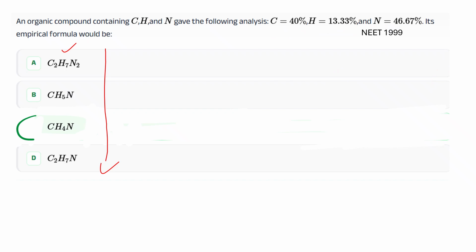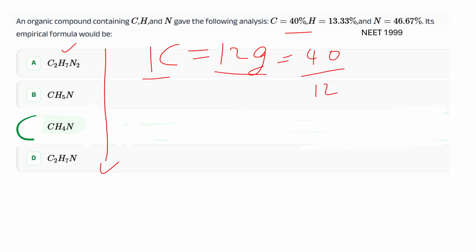Carbon has a mass of 12 gram. We divide 40 percentage by 12, because 1 mole of carbon atom is 12 gram. They gave 40 percentage. They didn't give any mole fraction or gram fraction or weight fraction. They just gave percentage.